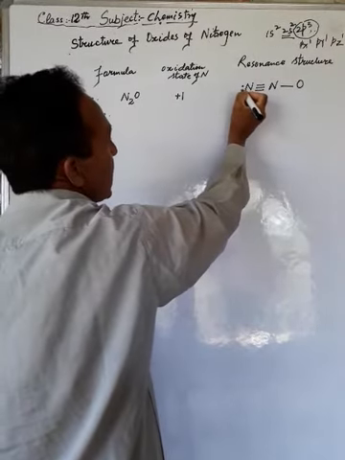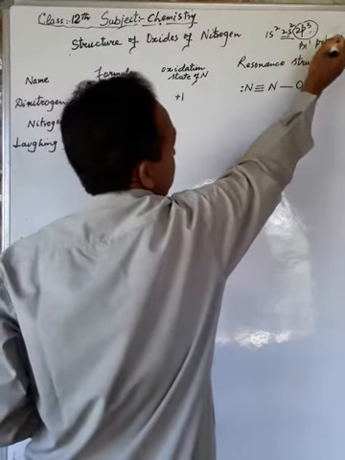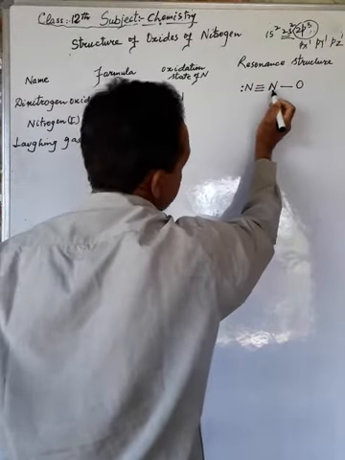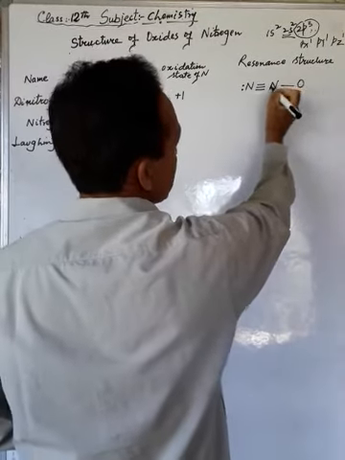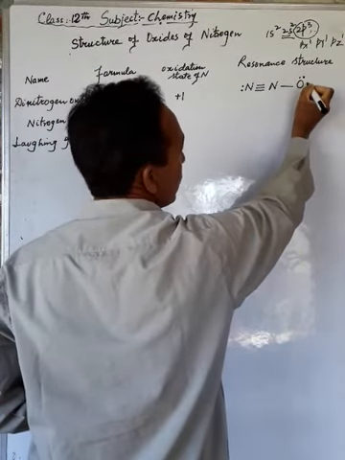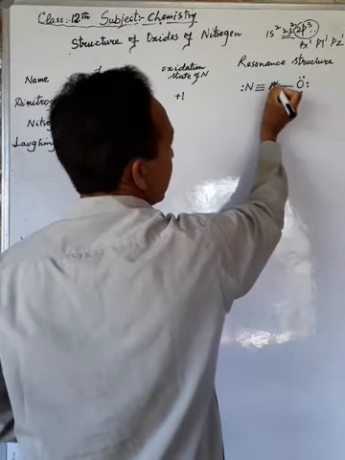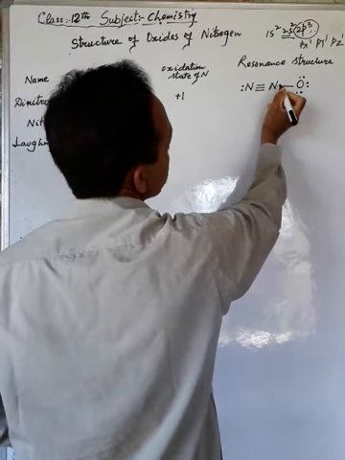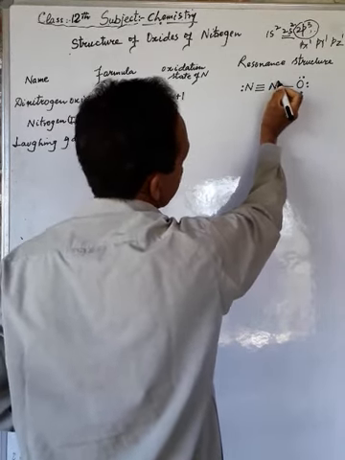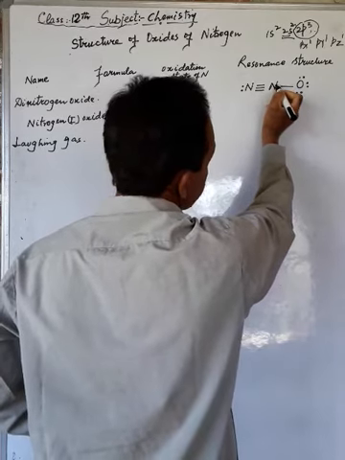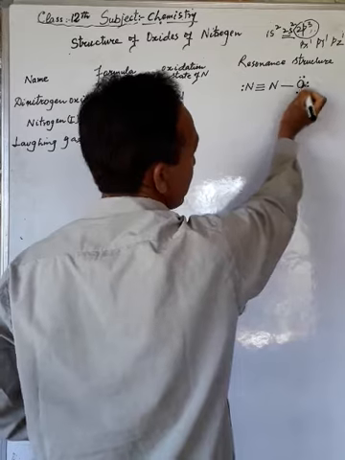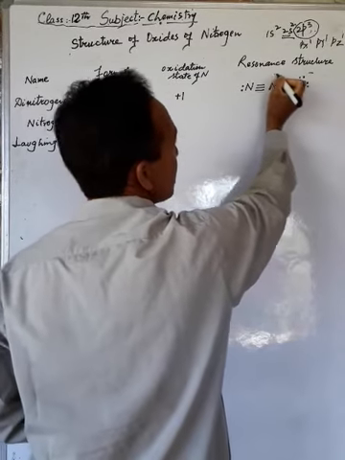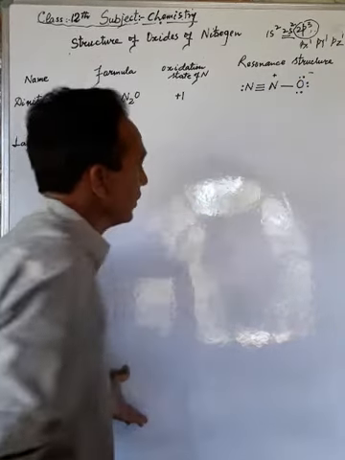Those two electrons are here, and the single electrons form a triple bond with nitrogen. Similarly in oxygen we have 2, 6, 8. Here we have the lone pair of electrons of this nitrogen, which is donated by nitrogen and forms the bond with the oxygen. So it has slightly negative charge or positive charge.